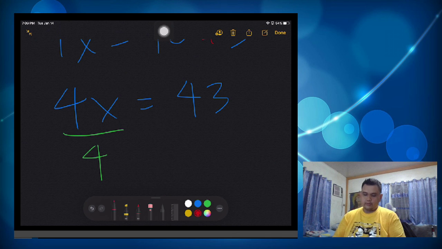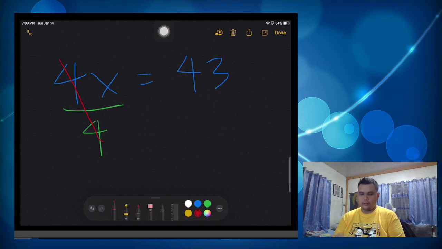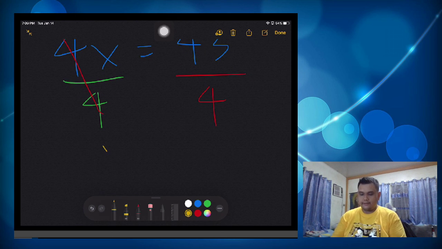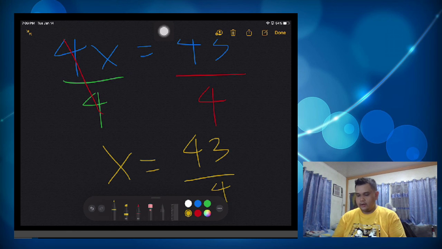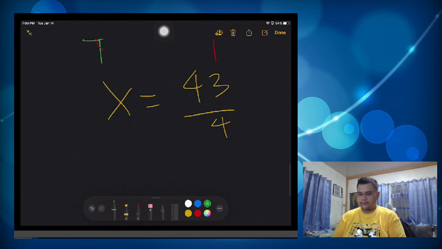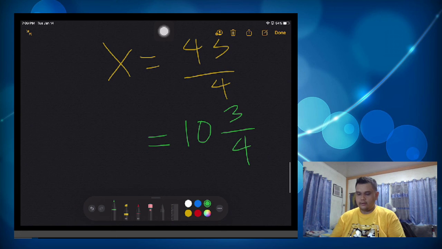And once you divide the value of a certain coefficient on one side of the equation, you should also do that to the other side of the equation. Which means you should also divide this by 4. So now what's left is x equals 43 over 4, or simplifying it further will give us 10 and 3 over 4.